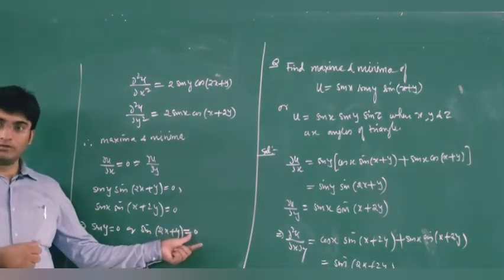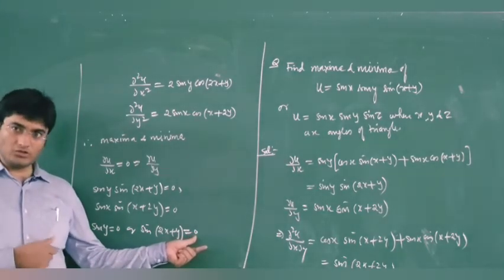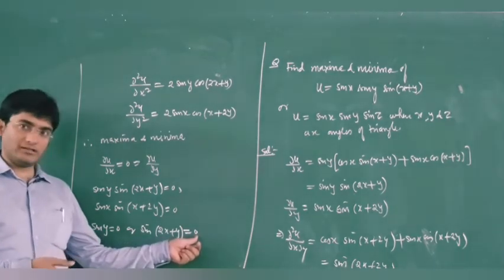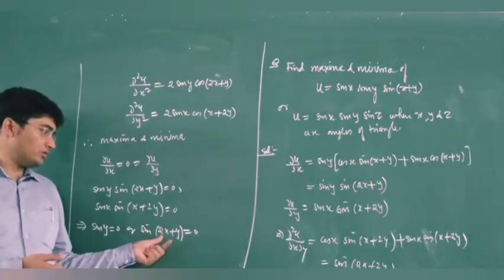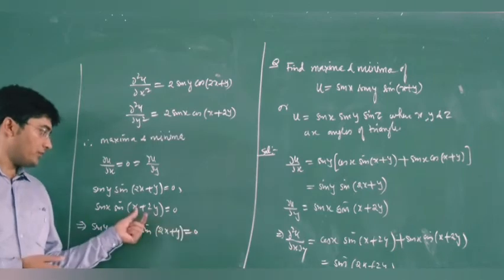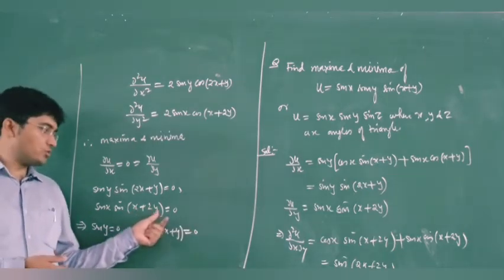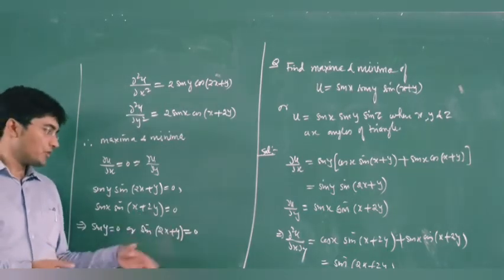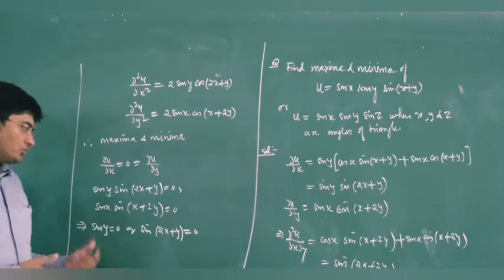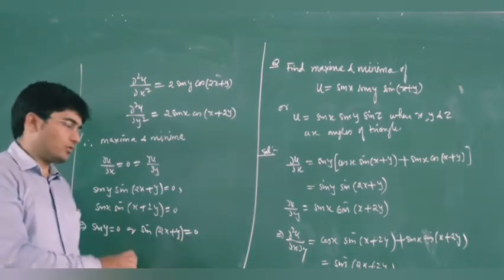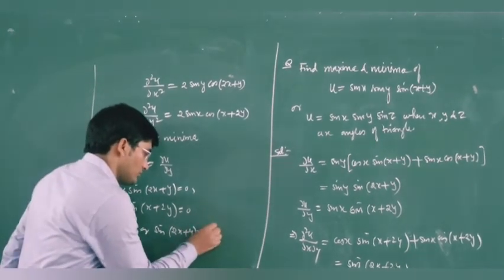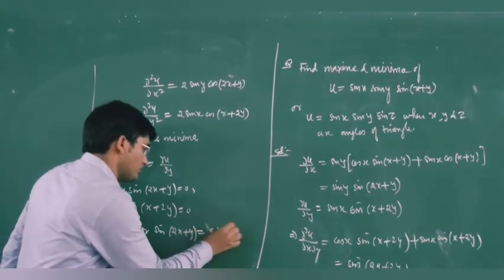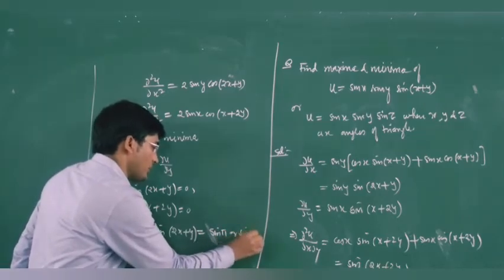Now this 0 can be written as either sin 0 or sin pi or sin 2 pi. Now if you write here as sin 0, then we will get the equation 2x plus y equal to 0, and from here we will have the equation x plus 2y equal to 0. So on solving 2x plus y equal to 0 and x plus 2y equal to 0, our x and y will be 0. So there is no need to write 0 here, so I am writing this is equal to 0, and this 0 can be written as sin pi or sin 2 pi.